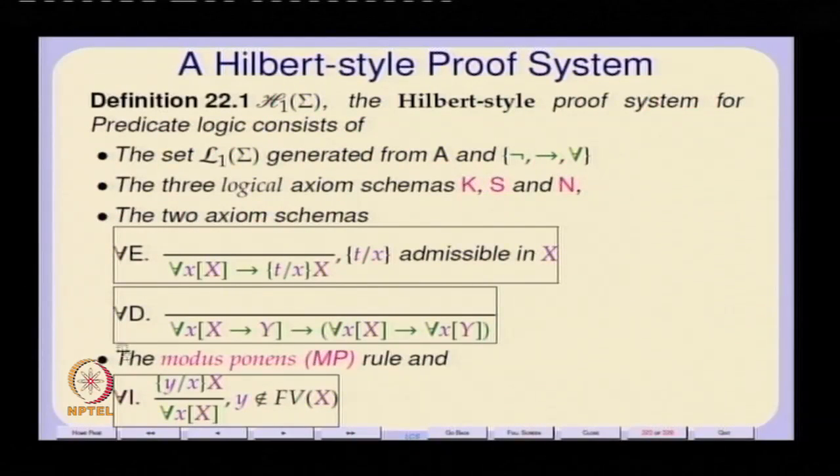So between this quantifier elimination and quantifier introduction is the scope of the proof. That subtree is the scope of the free variable y that we introduce as a result of the quantifier elimination.